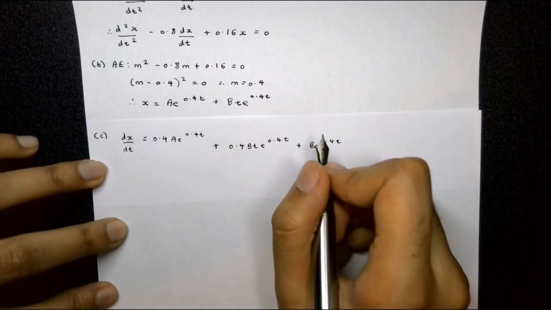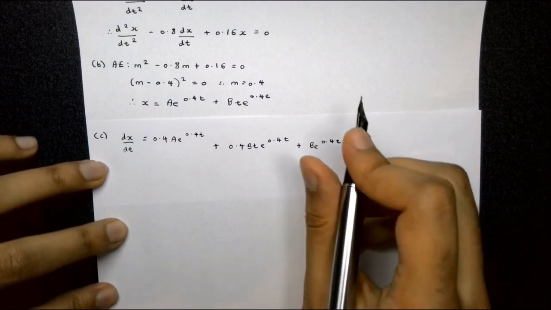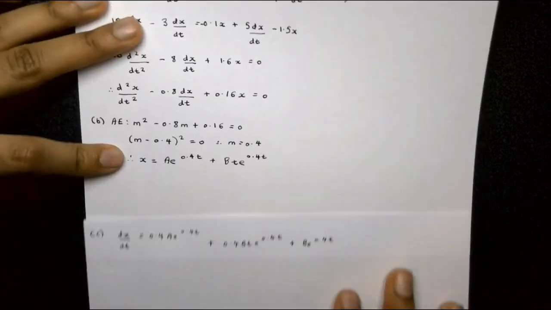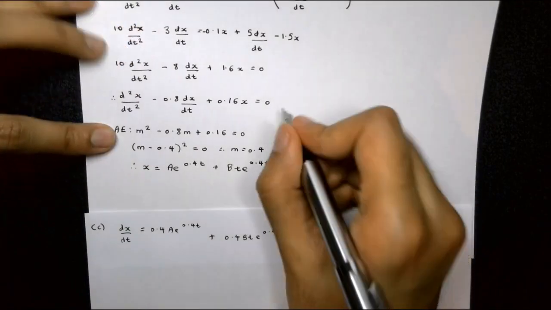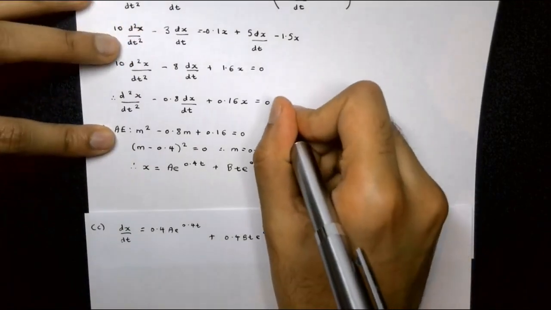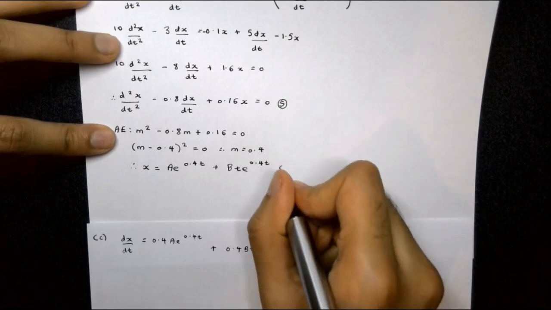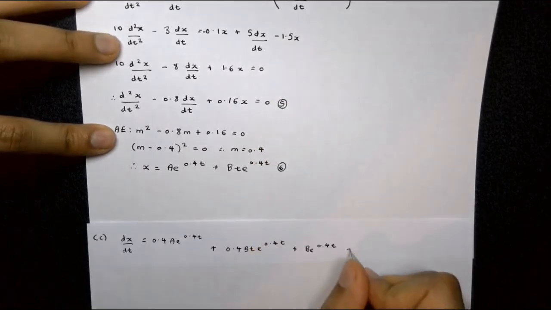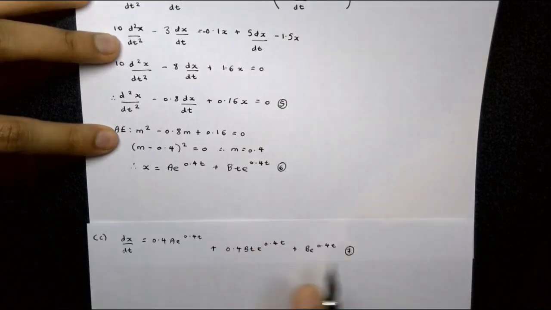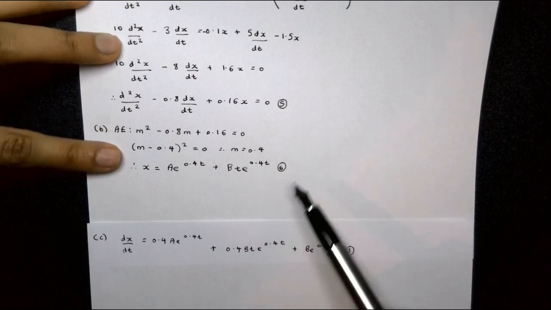And now we will substitute these into equation number 3. So if I call this equation 5, we've got equation 6 here, and we've got equation 7 here. We're going to substitute equations 6 and 7 into equation 3.